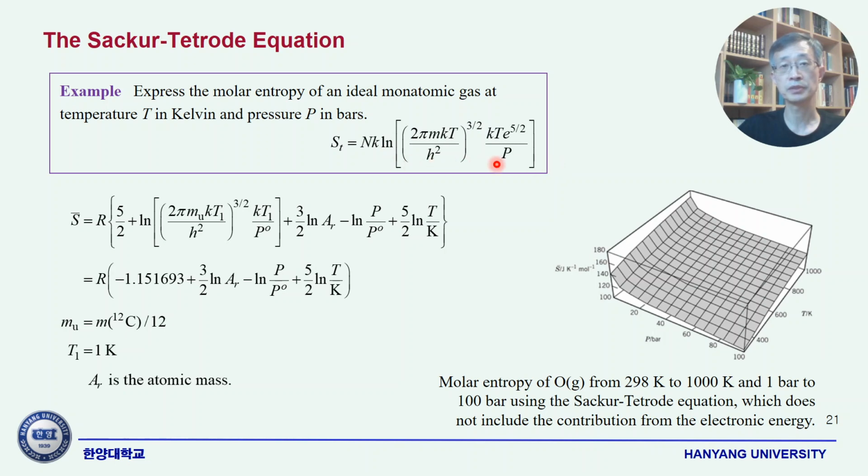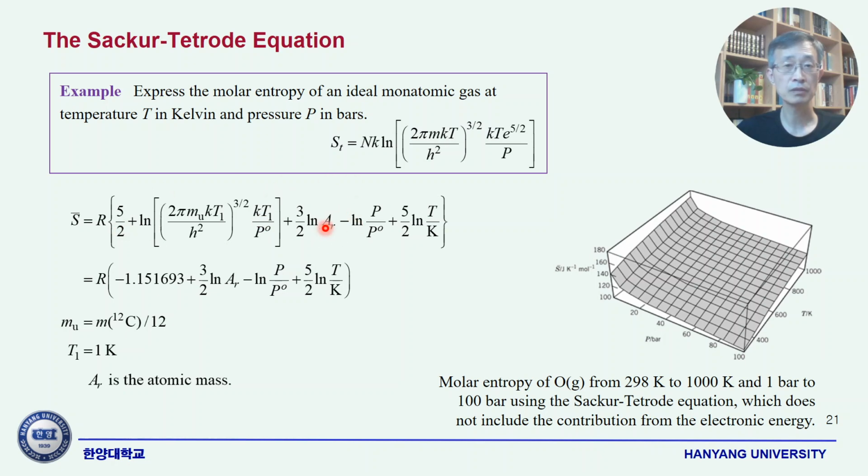We break this separately: ln of e to the 5/2 is 5/2, and then the ln of the rest times kT over P. The technical way we look at it is that we use m, which is the mass in atomic mass units, times the atomic mass unit separately, with the 3/2 power in front of the ln.